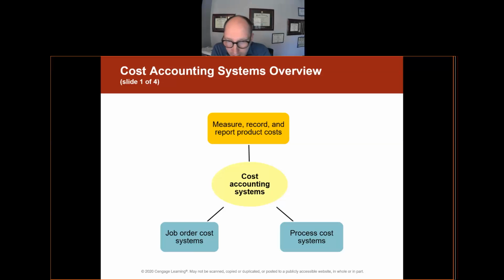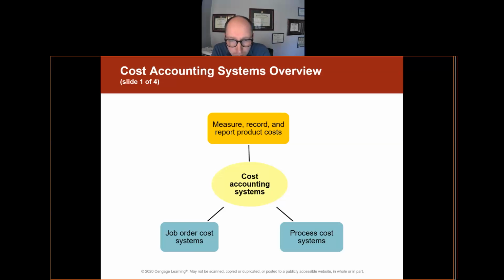We enter all the data into the cost accounting system. As you know, pretty much everything we do these days is electronic, through a computer. The same is true in accounting. We typically don't do anything by hand anymore. So we enter all of the costs related to manufacturing into the computer system, the cost accounting system in our case, and that provides us with the cost reports.